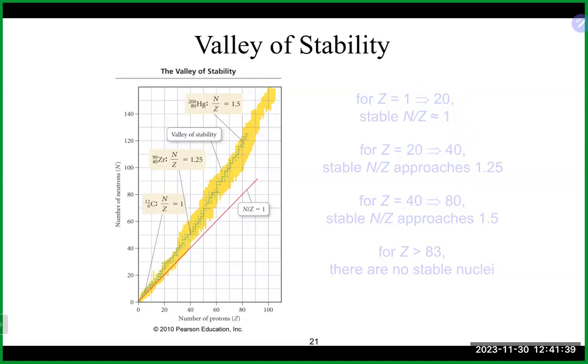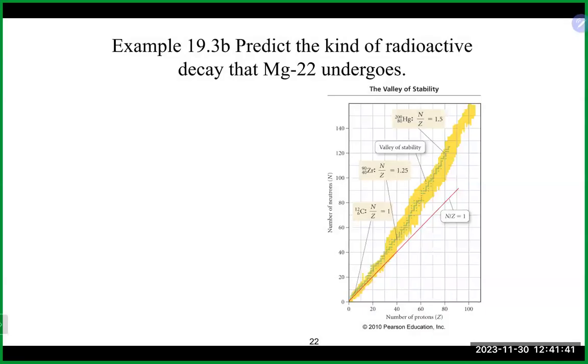So if we look at an example here, magnesium 22. That is the mass number. If we go to the periodic table, magnesium's atomic number is 12. If we want the N to Z ratio here, we need the neutrons. That is our mass number minus our atomic number, which gives us 10 neutrons in this case.